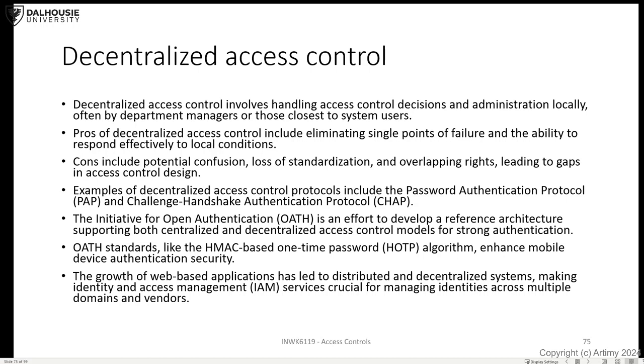Decentralized access control, however, has the disadvantage of being under different administrators, and that could lead to inconsistencies, loss of common standards in granting access, maybe overlapping rights or gaps in rights actually. So it's not always preferred, but it has its advantages.